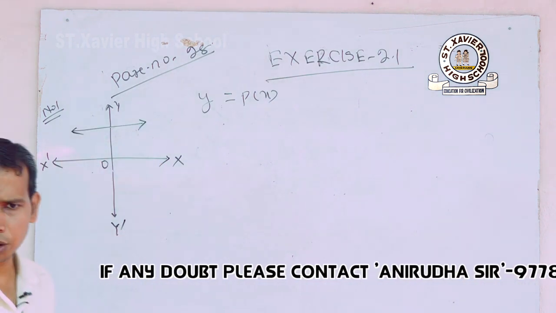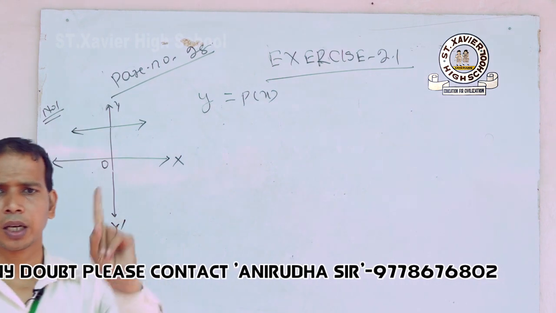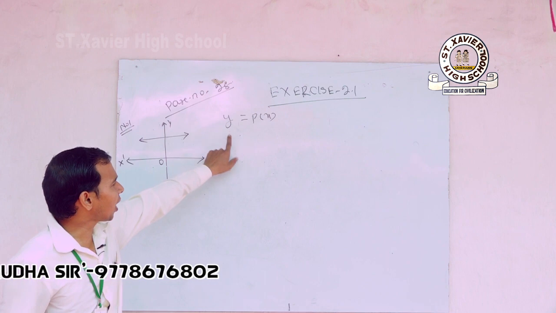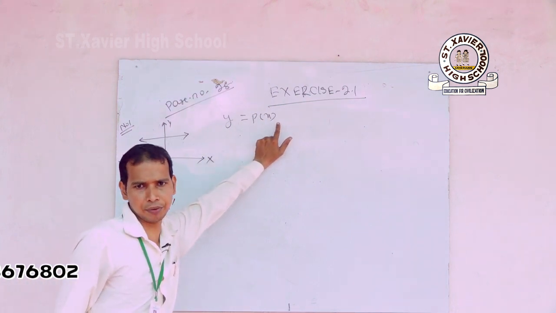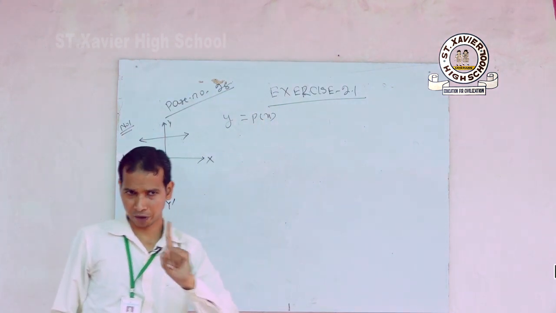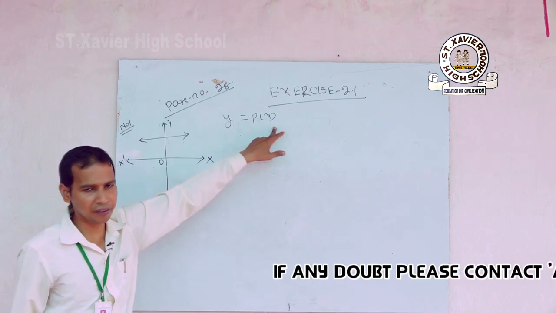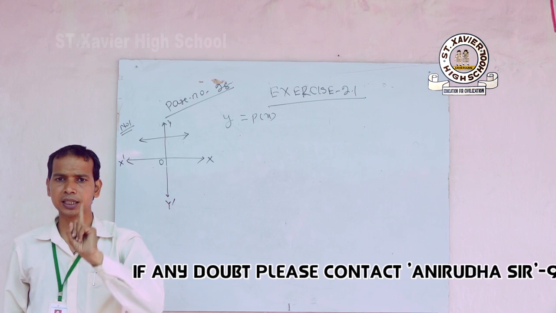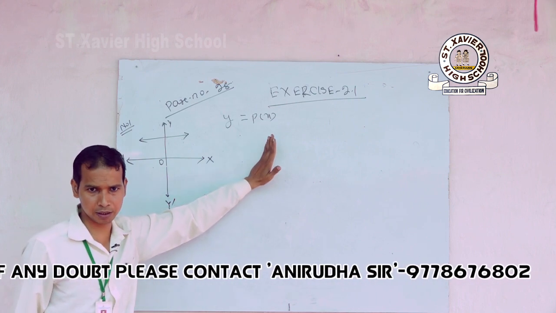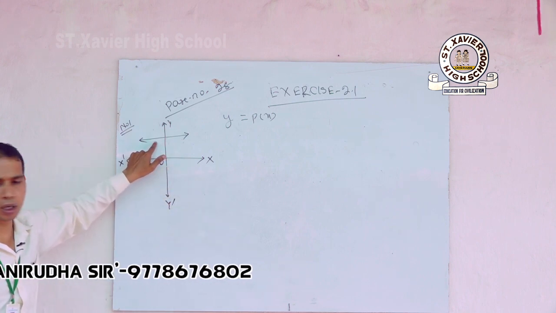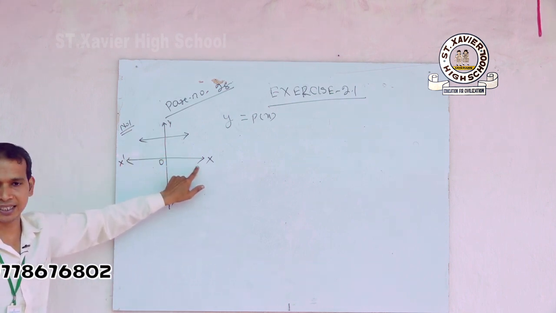Look, in this question we find the number of zeros from the graph. As y equal to p of x is given, you find the points where the graph touches the x-axis. Look here, this one is the graph and this one is the x-axis.